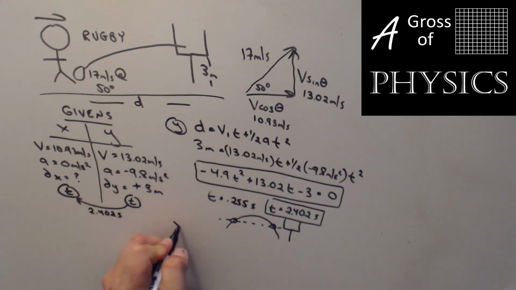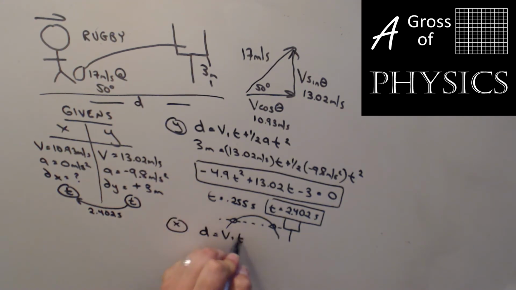So now I'm going to use the x direction. And what I'll do is I'll say d equals v_i t plus 1/2 a t squared. D is what I'm looking for, 10.93 times 2.402.